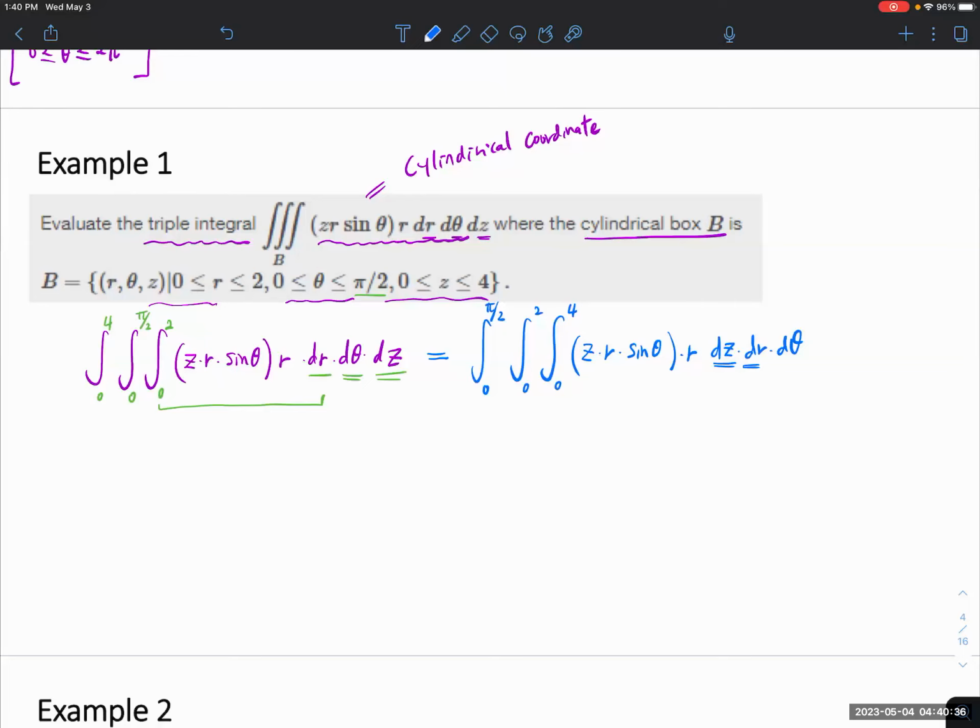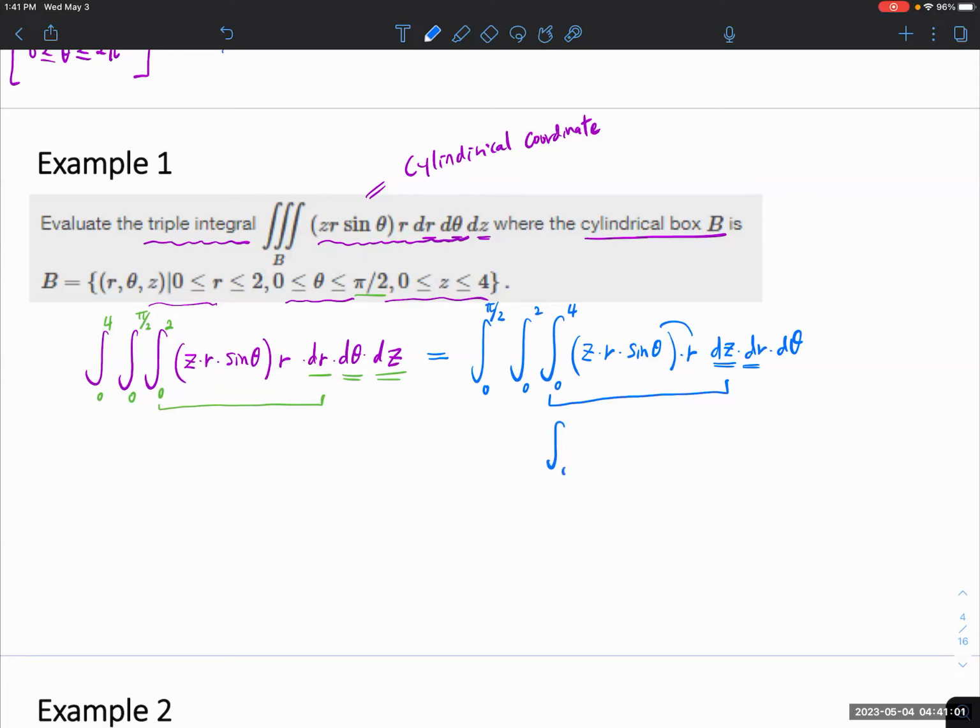You can begin with the left side or right side, but let's try the right side. So this is with respect to the z variable. So let me just multiply r with the term next to it.